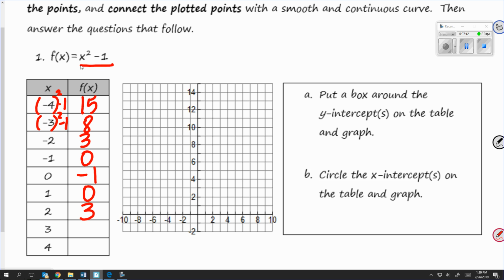Are we seeing a pattern now? After this one we have 0, 0, we have 3, 3. So what do you think is going to come next? 8 and 15 and 15. You'll always be able to see a pattern when we're looking at the quadratic.